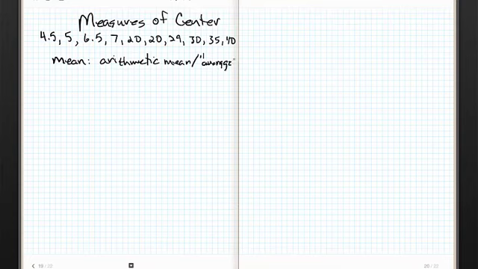There's also the median. We'll discuss all of these, so don't panic if you don't know them. And we'll talk about the mode. Those are the main measures of center. There's also something called a mid-range, which we'll talk about. That's the average of the highest and the lowest values. So let's get started with the mean.